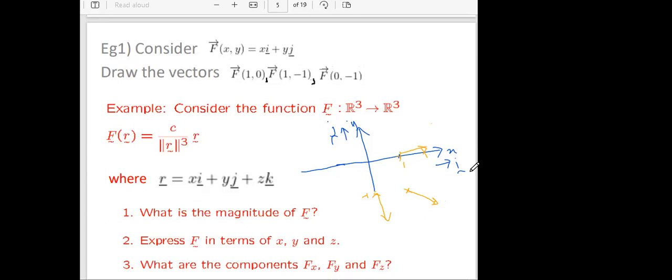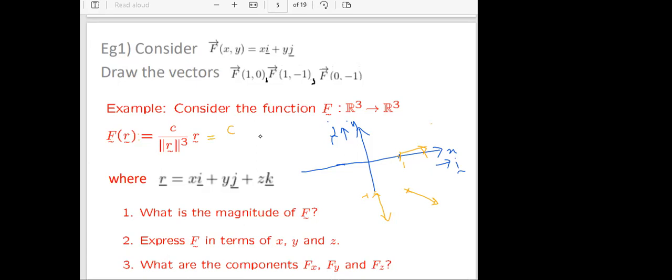All right, makes sense. If you consider this three-dimensional one again, the function is defined in this way. Let's rewrite this.